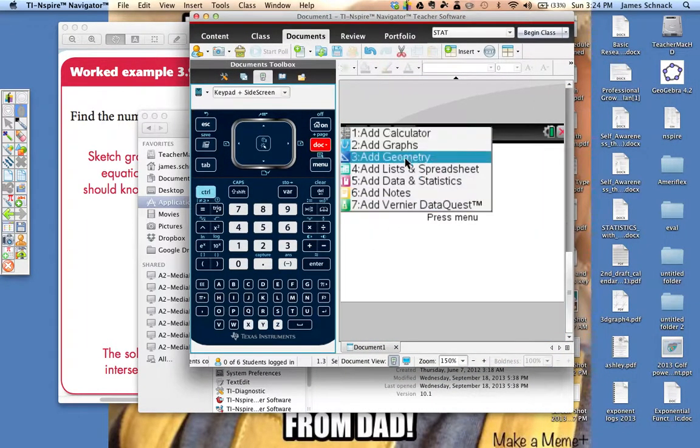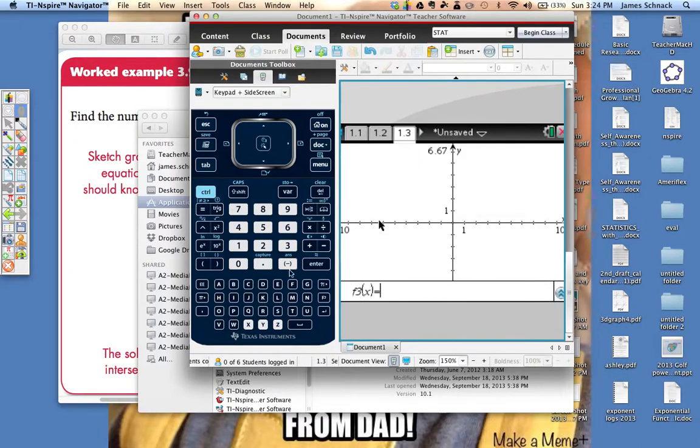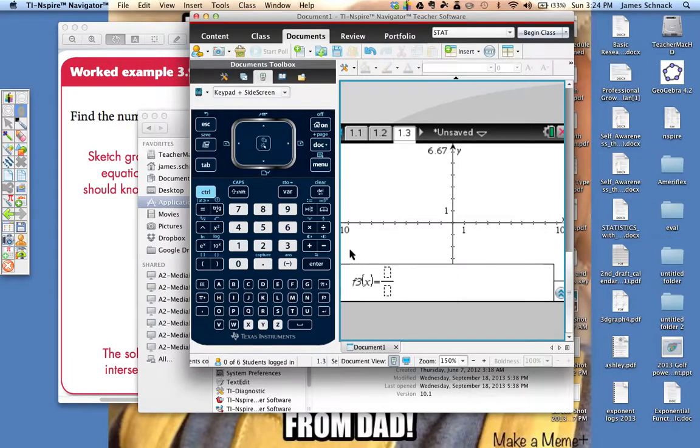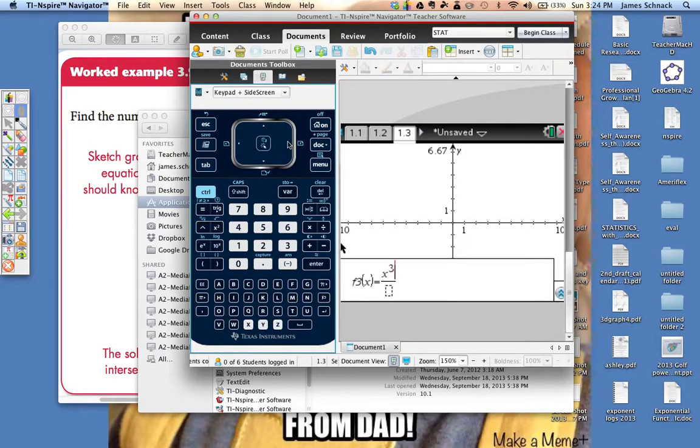So here comes our last graph of the day. We have a fraction. X cubed minus 16x over x squared plus 1.